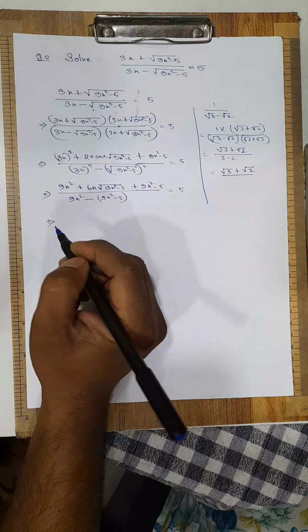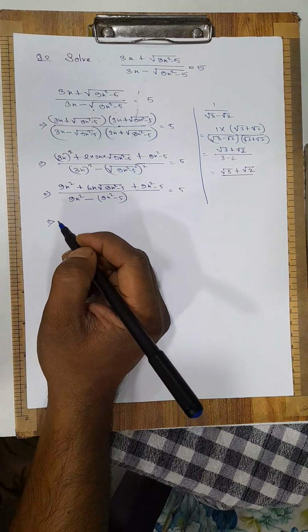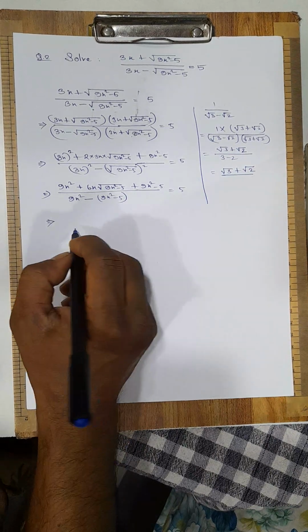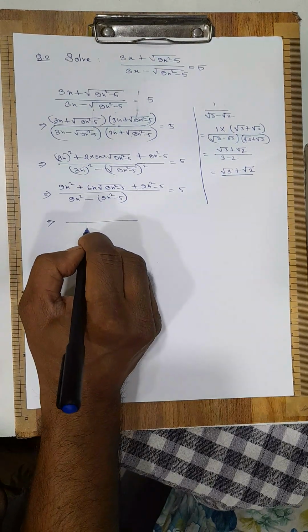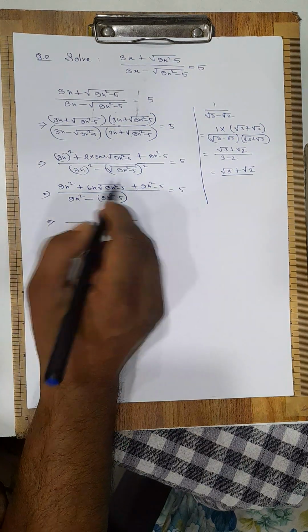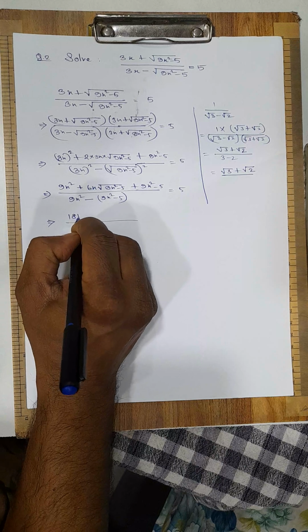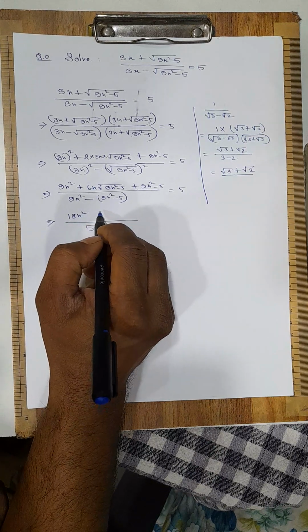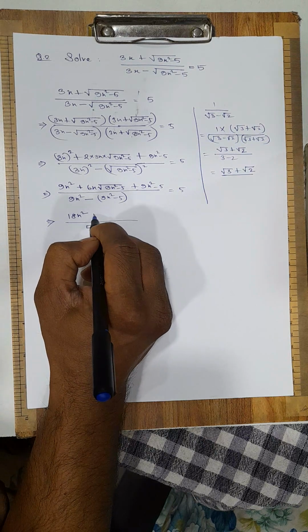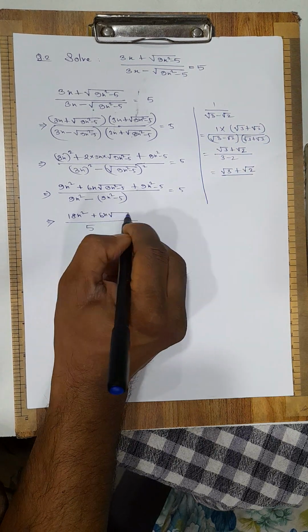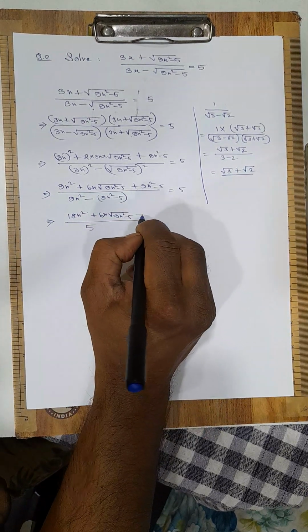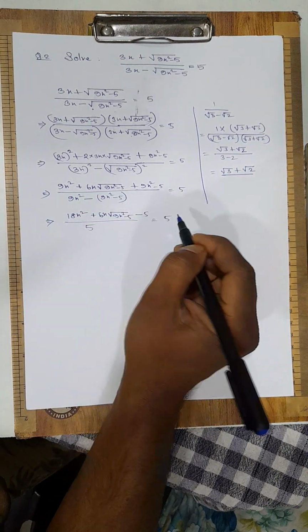Now the denominator it becomes 5 and numerator it becomes 18x square plus 6x multiplied by square root of 9x square minus 5 minus 5 equal to 5.